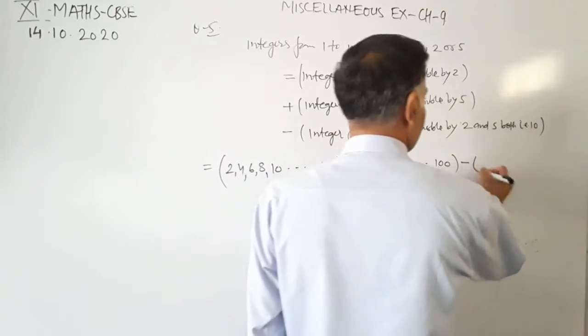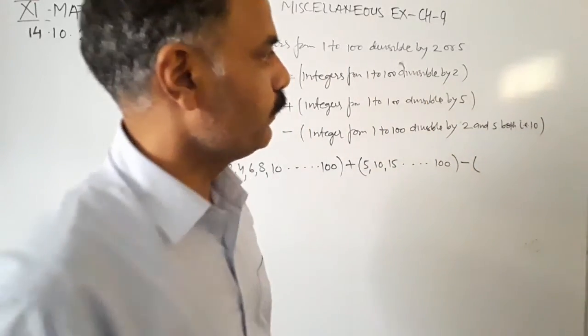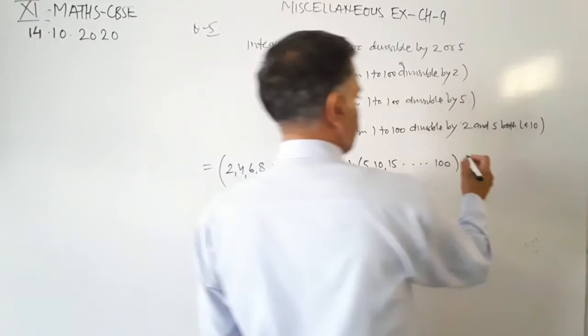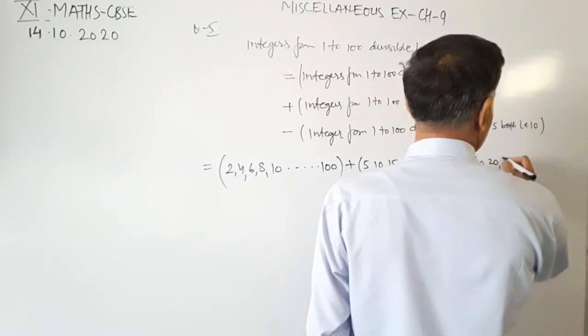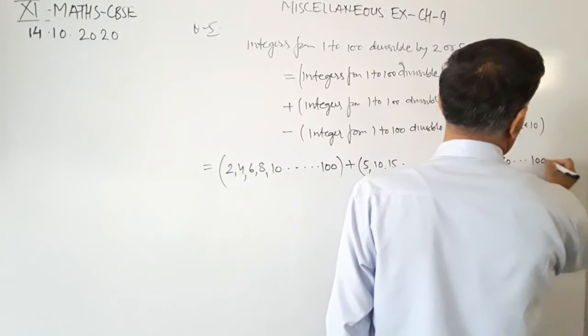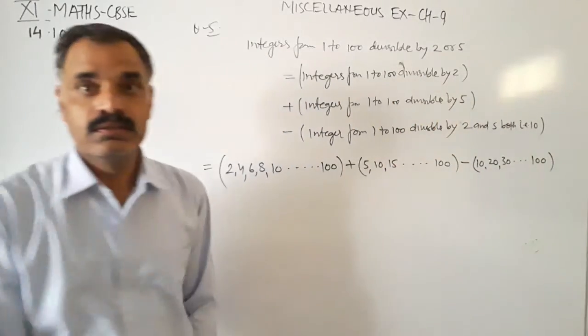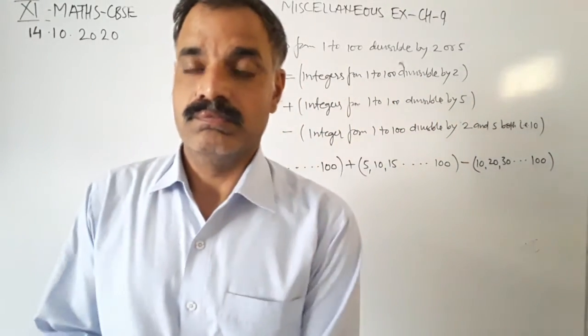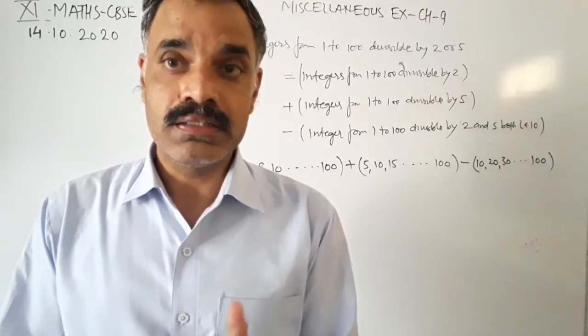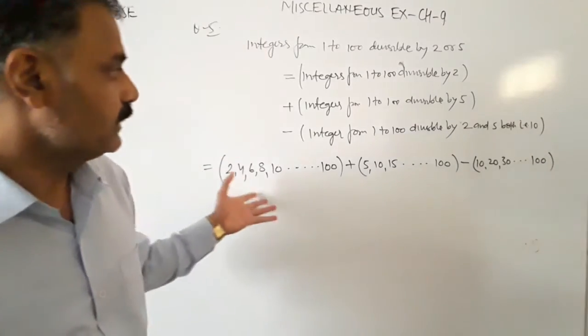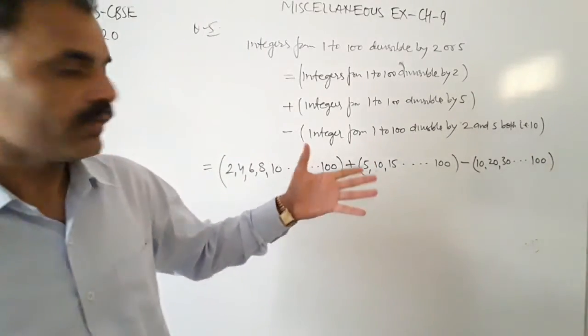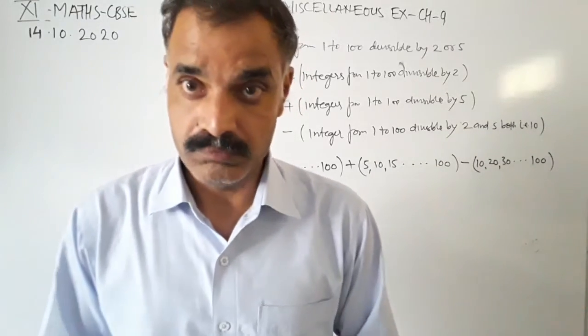Minus integers divisible by 2 and 5 both, that is 10: 10, 20, 30 up to 100. Okay, so this is the sum. Now we have to make the sum of these three brackets, and after that we will solve.